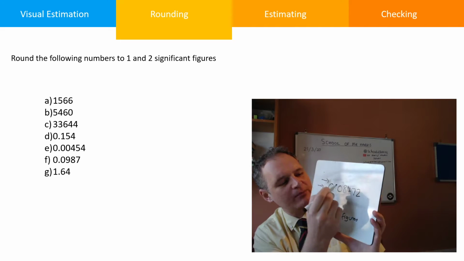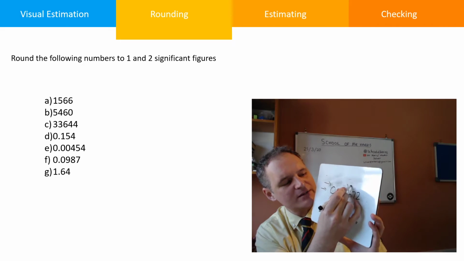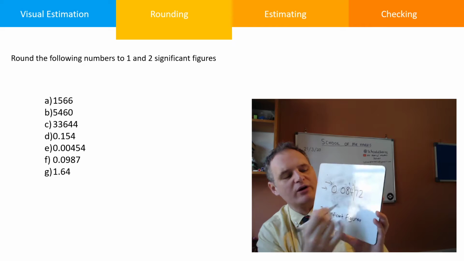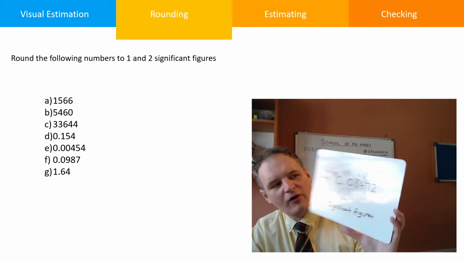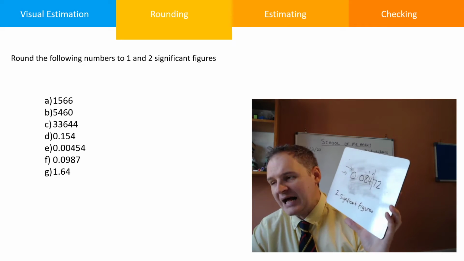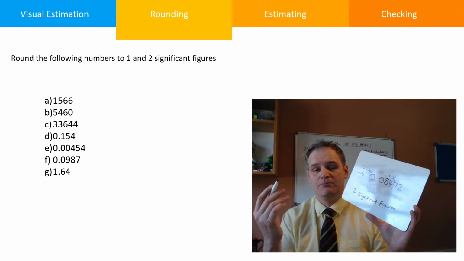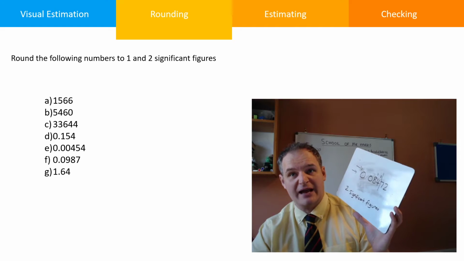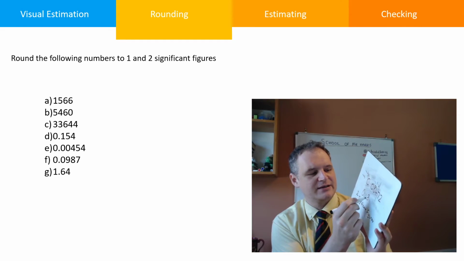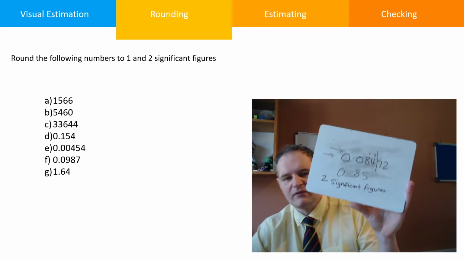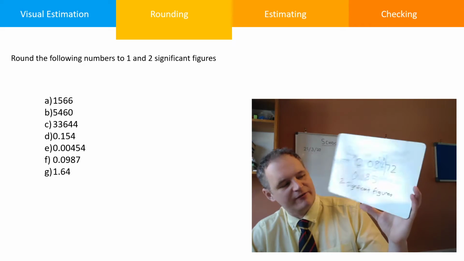Going from the front of the number, that's number 1 and that's number 2. So that's where I'm going to put my line. I'm going to put my line after the 4. 7 is a rounding up number because 5, 6, 7, 8 and 9 are rounding up numbers. So it's going to go to 0.85. And there we have 0.85.